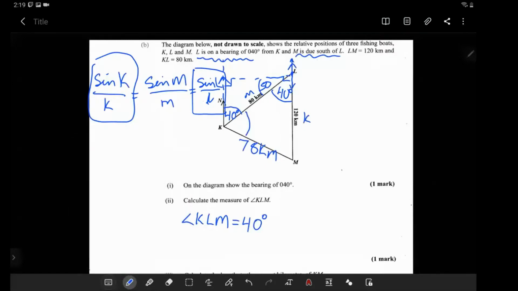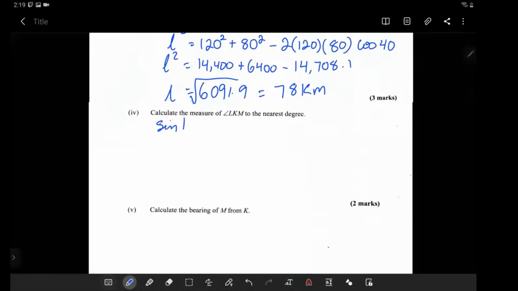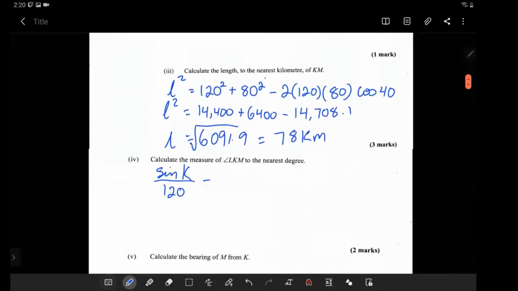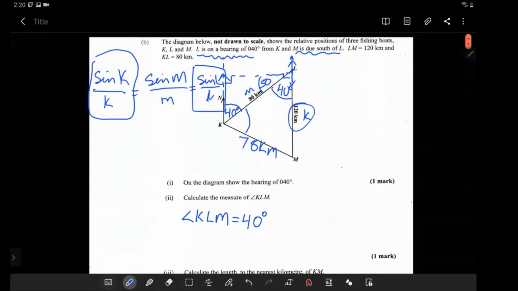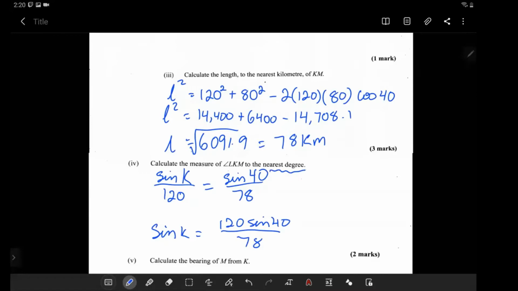I will get that sine of the angle that I'm looking for over 120, because the opposite side to that is 120, is equal to sine of 40 over 78. Cross multiply, and you get sine K is equal to 120 sine 40 over 78. Notice we want this to the nearest degree.